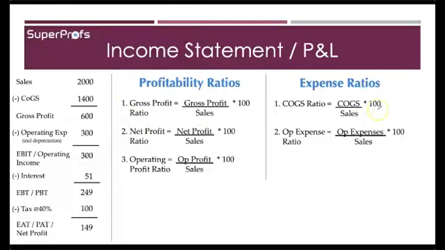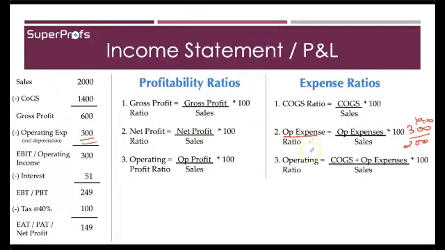The second one is the operating expense ratio. Again, as the name suggests, what kind of expenses are you going to divide here? The operating expense. What was the value? 300. So here it will be 300 divided by 2000 into 100. And the third kind of expense ratio is your operating ratio.